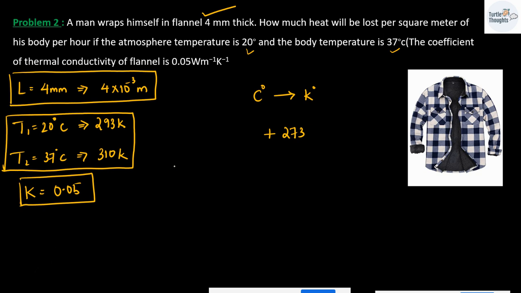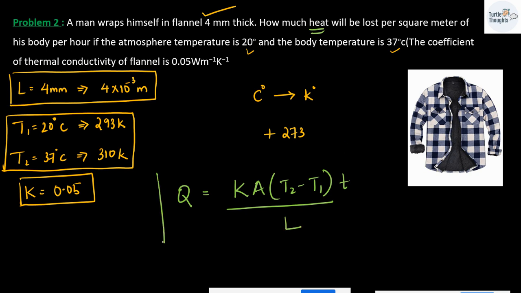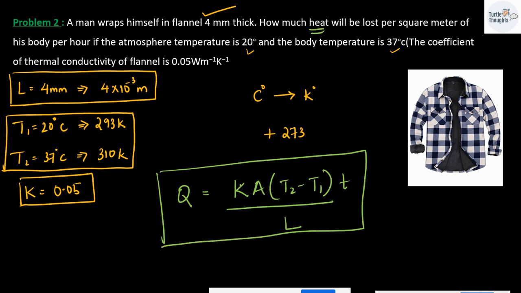Now let me write the formula for the heat. What is asked? How much heat? So Q is given by the formula K A multiplied by T2 minus T1 multiplied by t, divided by L. This is going to be the formula, where Q is going to be the heat, K is going to be the thermal conductivity, A is going to be the cross-sectional area, T2 minus T1 is going to be the temperature difference, small t is going to be the time, L is going to be the length.